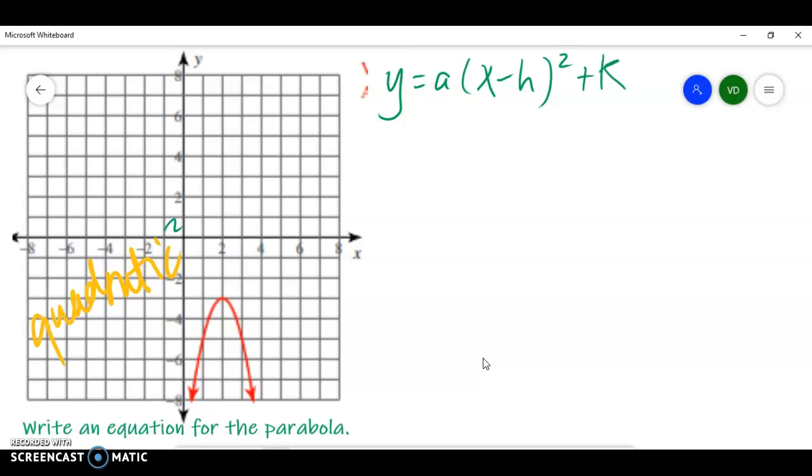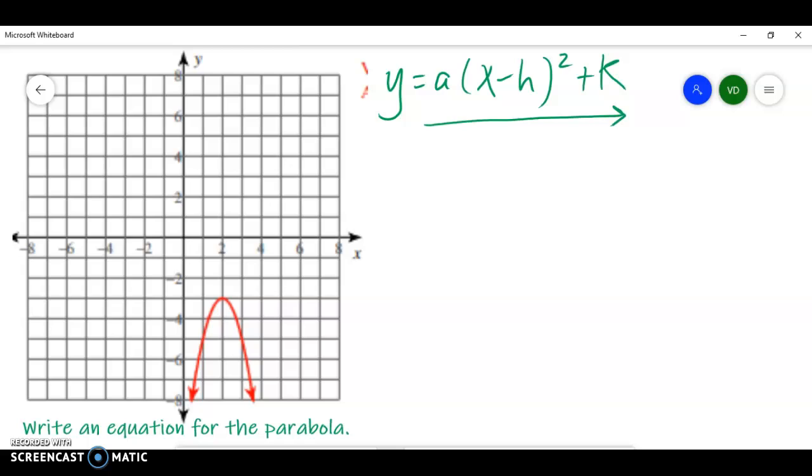Okay, and so now what I would do is basically fill in my equation from left to right after the equal sign. I'm going to show you 2 different approaches that you can use when writing these equations. Okay, so I'm going to erase this.